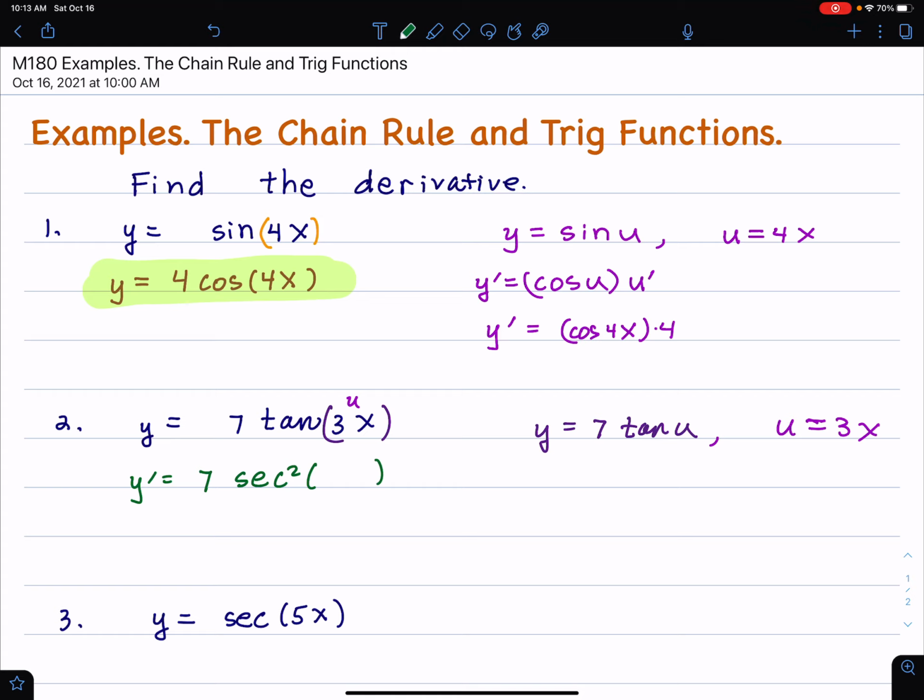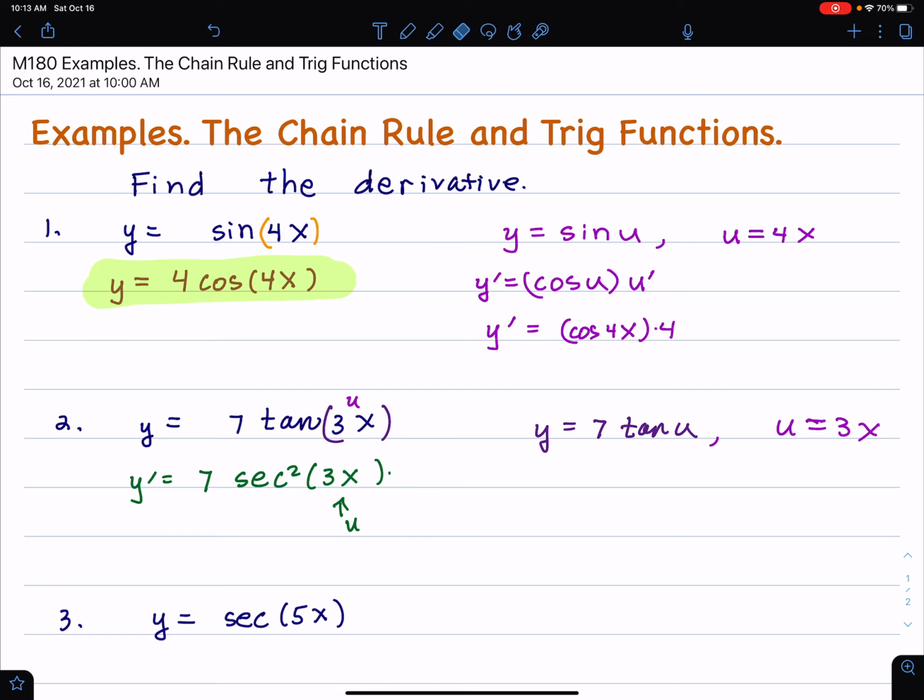We could write that over here if we want also. The derivative of 7 tan u is 7 secant squared u. But then we multiply by u prime. We're going to put u back inside. You keep the inside function the same. But what's u prime? Do I want to put u prime there? I don't like doing that.